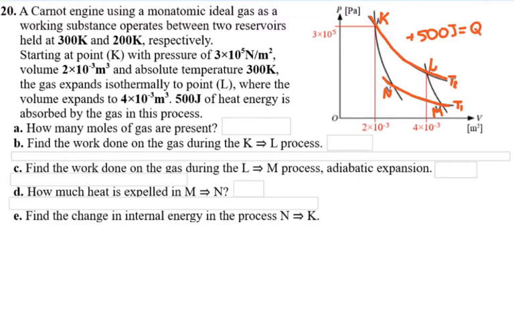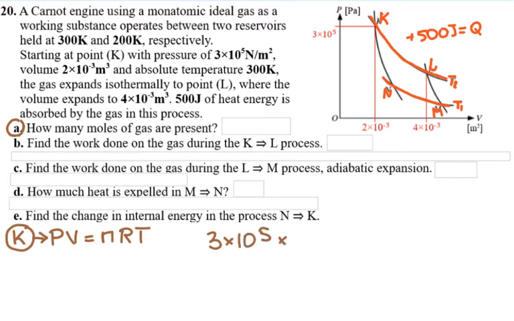How many moles of gas are present? For A, I can use PV equals nRT, and I'm using point K. The pressure at K is 3×10^5.